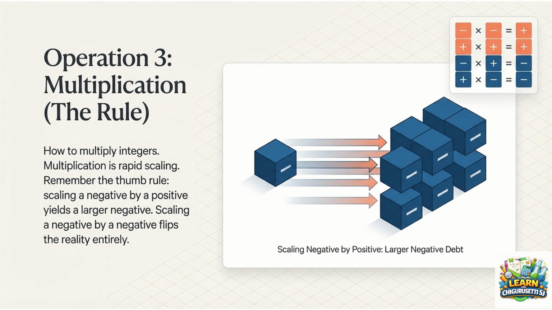Third one, the multiplication rule. Multiplication is a rapid scaling. If you multiply a minus integer into a minus integer, you get a positive. If you multiply plus into plus, it gives a plus. But minus into plus gives you minus, and plus into minus gives you minus.